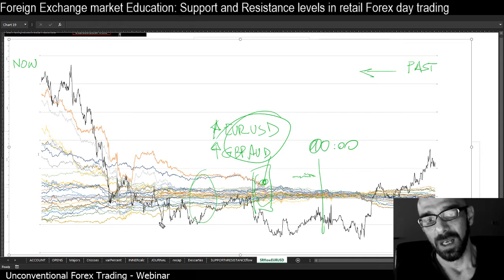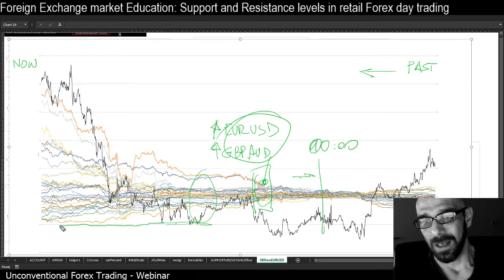As you can see, these levels of support and resistance that have been created are probably influenced by other minor currencies, like Norwegian krone, which is a classic. But as you can see, this level is respected, and if it's violated, then we have a negative correlation with one of these other pairs that we will identify.